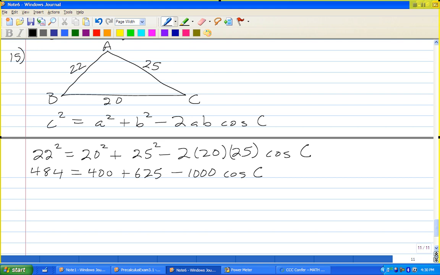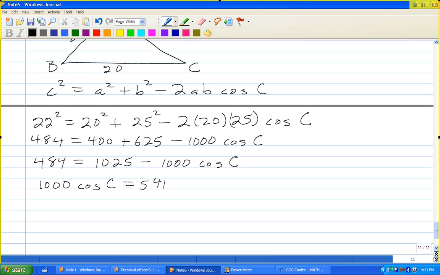Okay. And so I get 484 is equal to 1,025 minus 1,000 cosine C. And so 1,000 cosine C is equal to 541.